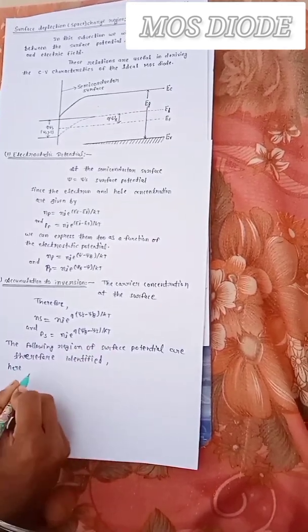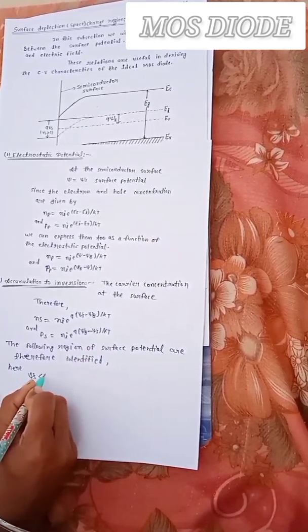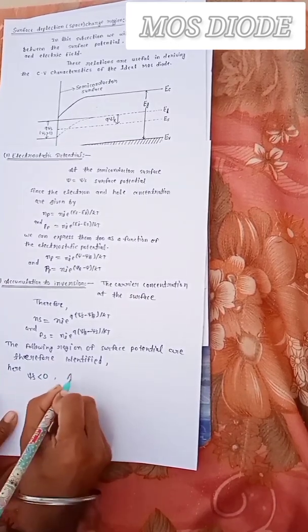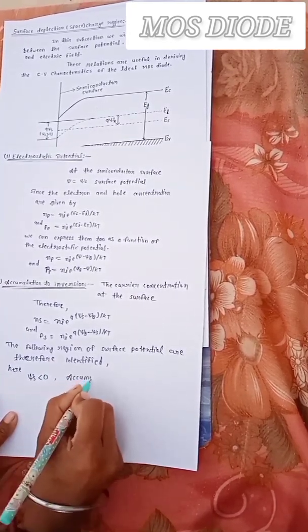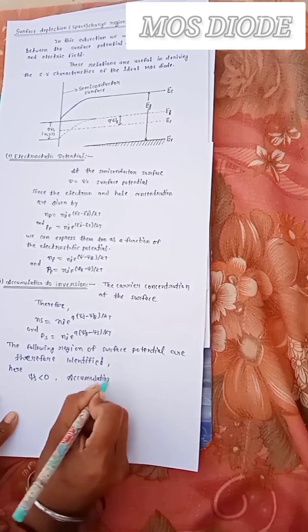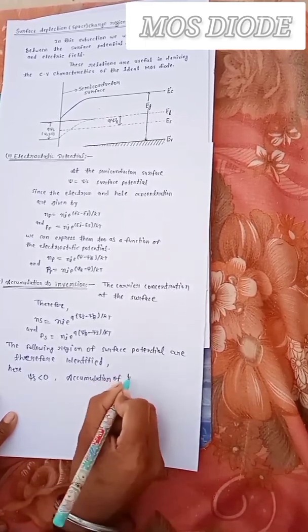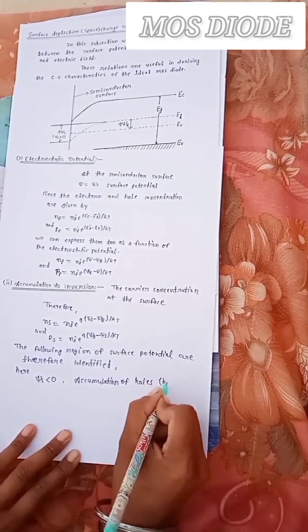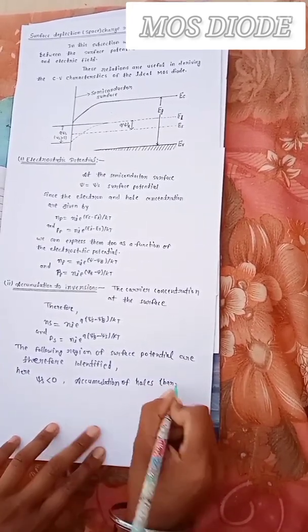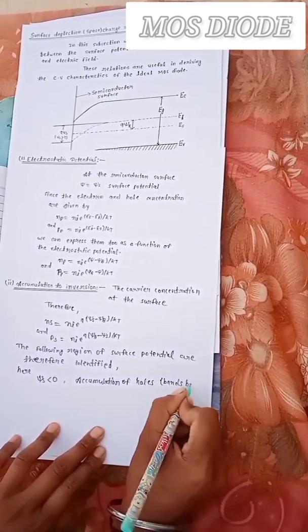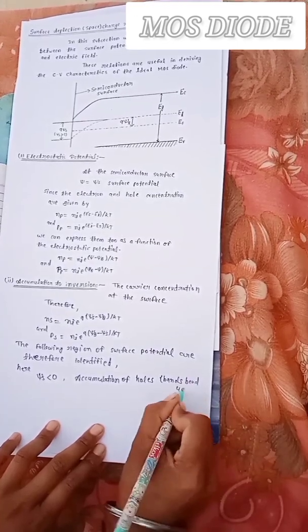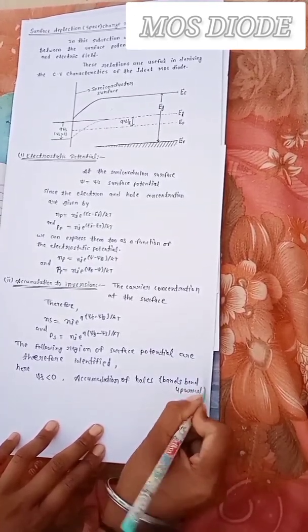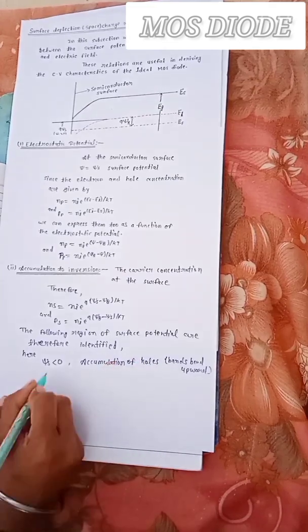Phi s less than 0: accumulation of holes, and this condition bends the bands upward.